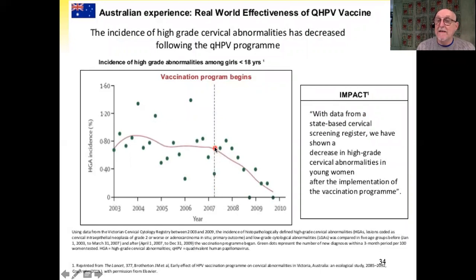Here, this is an Australian study. This is the normal rate or incidence of cervical cancer in the population. This is where the HPV vaccination programs began, and these are the rates for cervical cancers, which have plummeted as a result.